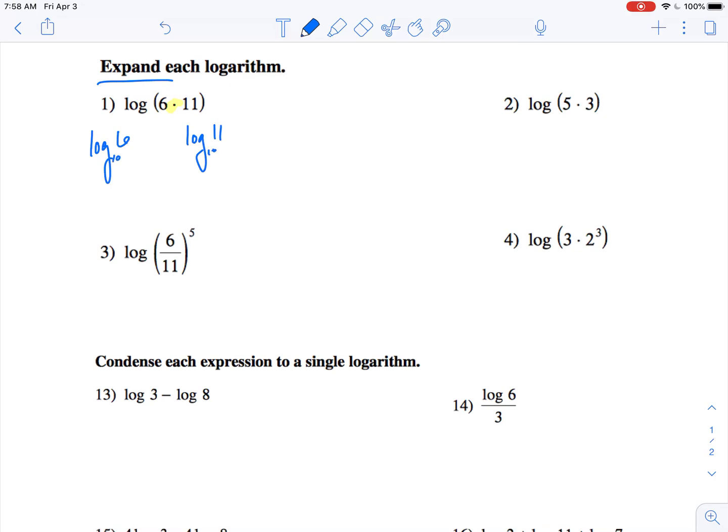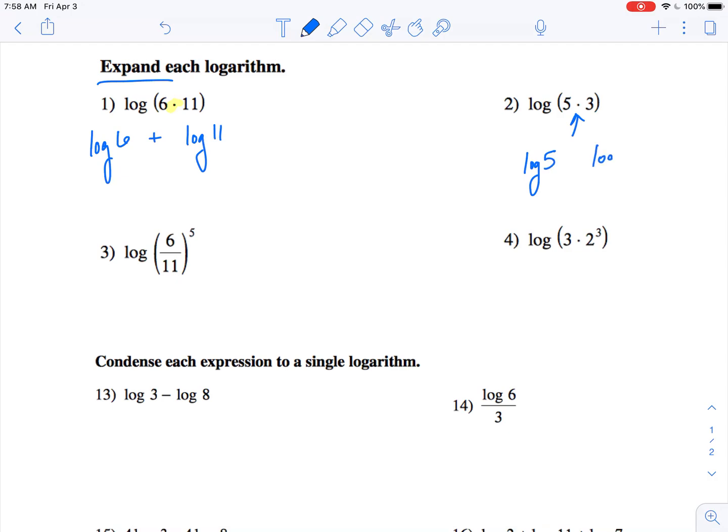So I'm expanding. I want to write this as 2 logs. So log of 6, log of 11, and again, this is log base 10. If it's not shown, it's log base 10.